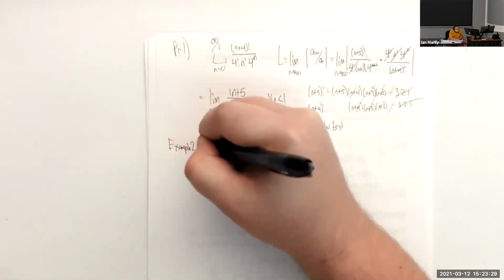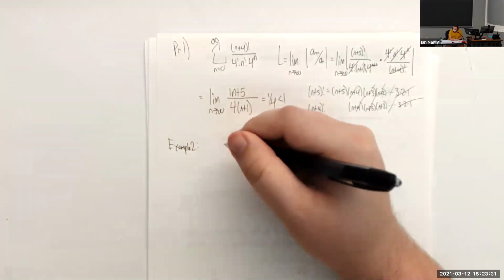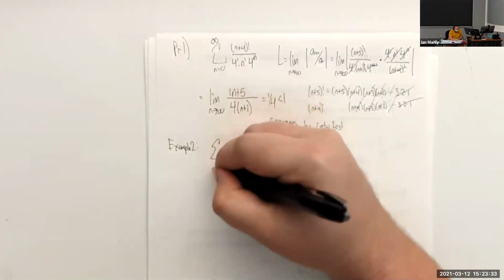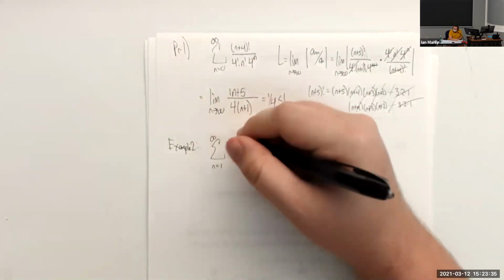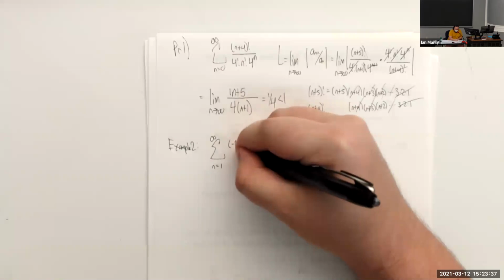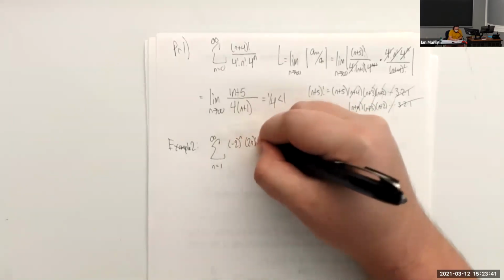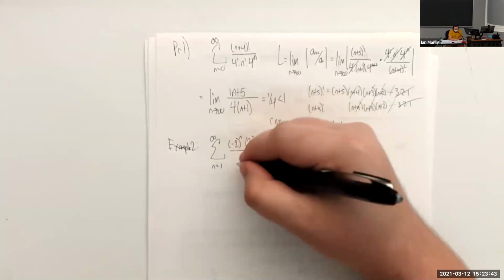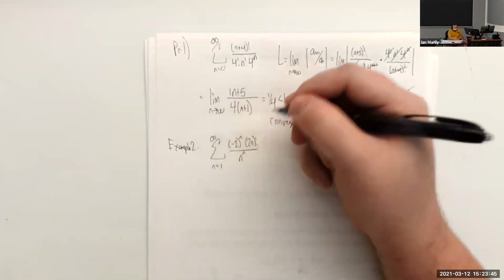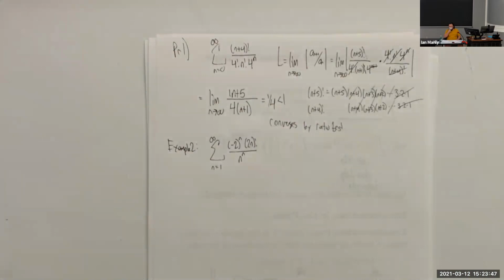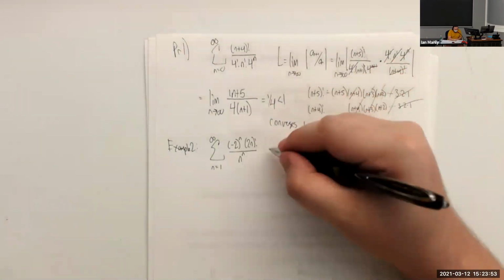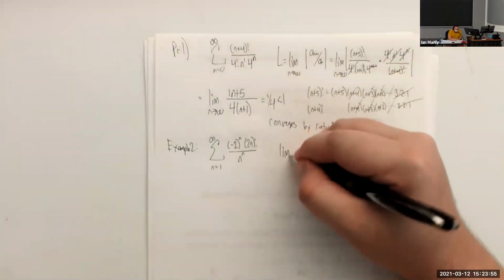Example 2. Let's take a look at this. We have the sum from n equals 1 to infinity of negative 2 to the n, 2n factorial, and then we have n to the n down there. So let's go ahead and do our ratio test.